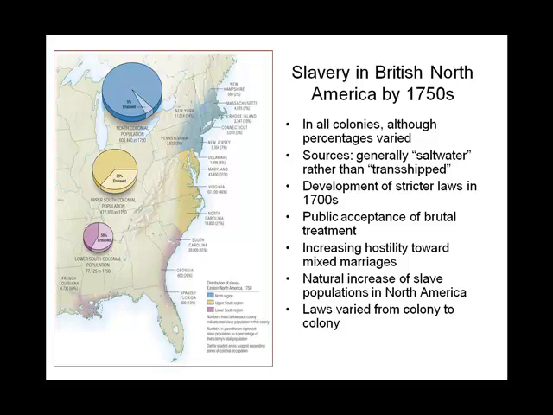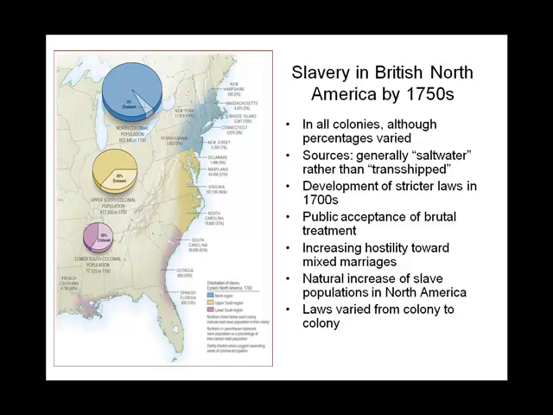Slavery existed in British North America in all of the colonies, although the percentages of the population in each colony, of the enslaved population in each colony, tended to vary. If you look at New Hampshire, Massachusetts, Connecticut, these are colonies where slaves represent maybe 2% of the population.